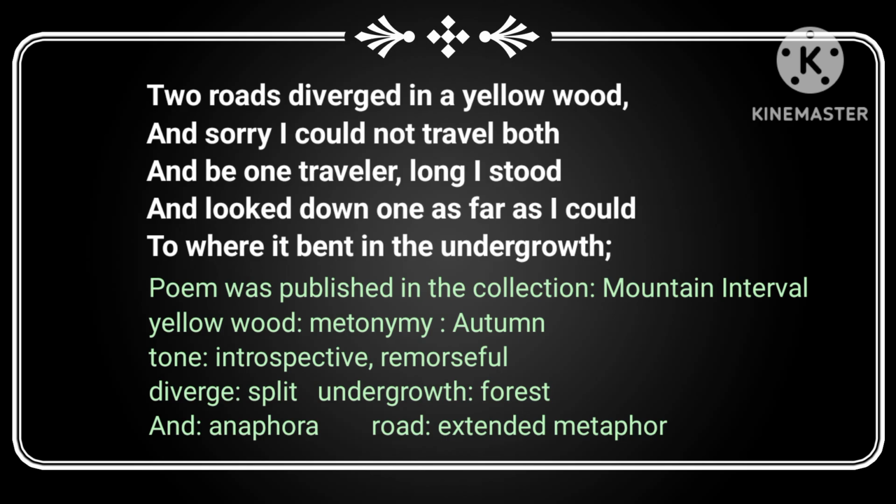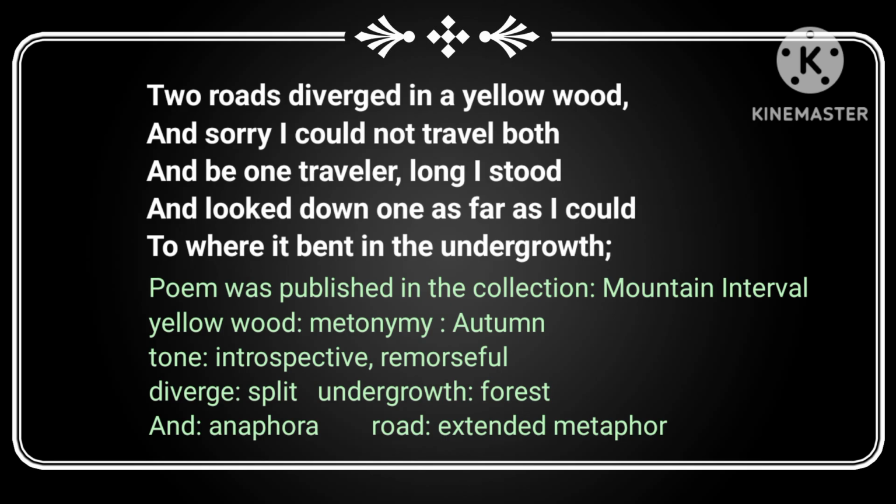Now, before we move on to the second stanza, note the use of "and" in the first stanza. In the first stanza, the second, third and fourth line begin with the same term, "and." This is an example of anaphora.